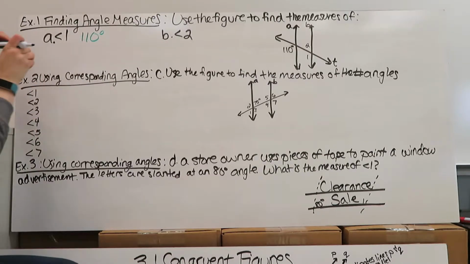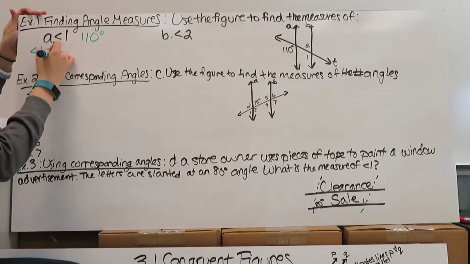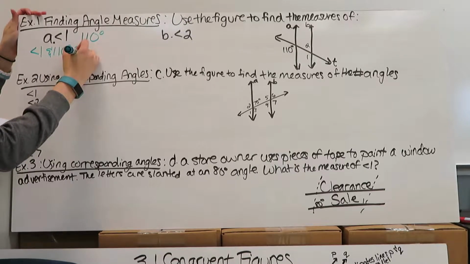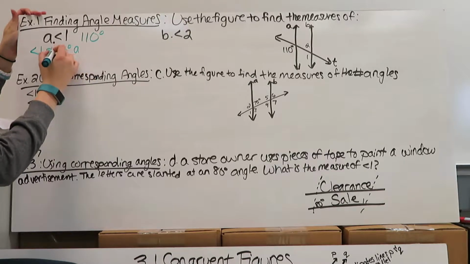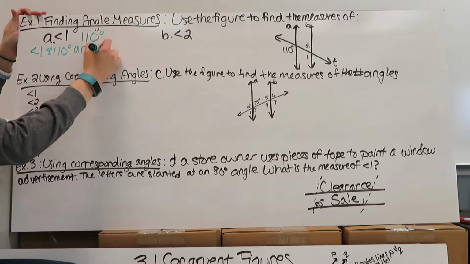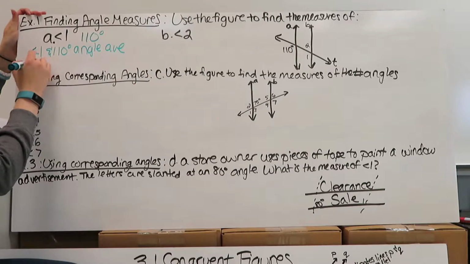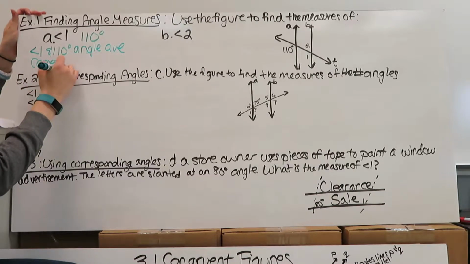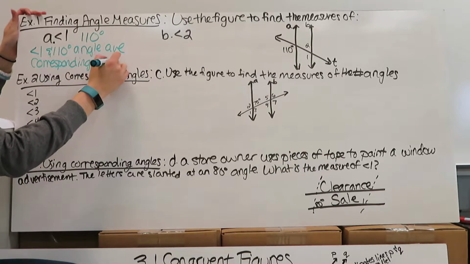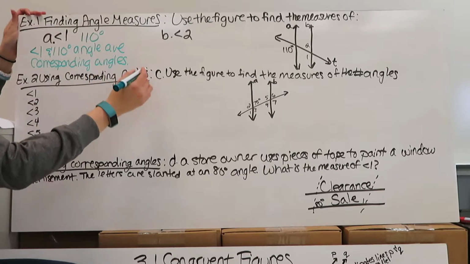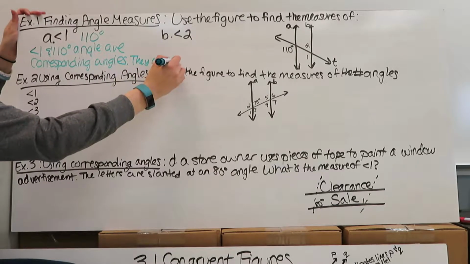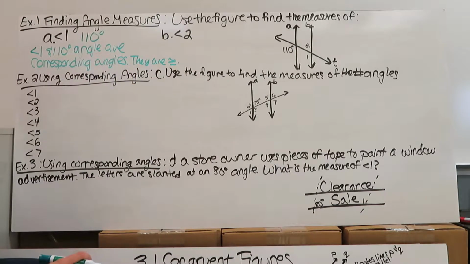We're gonna put in the reasoning that angle 1 and the 110 degree angle are corresponding angles. They are congruent. Oh, bring in that congruent sign again.